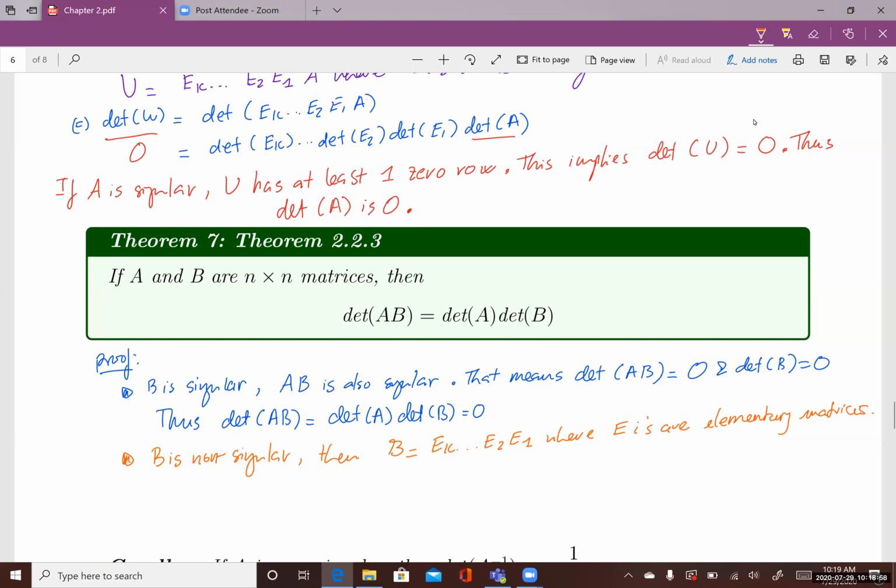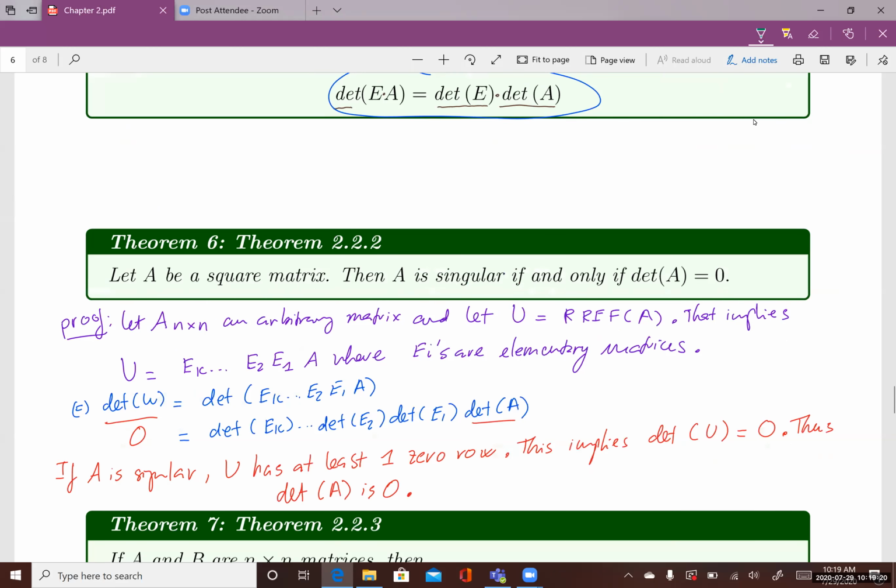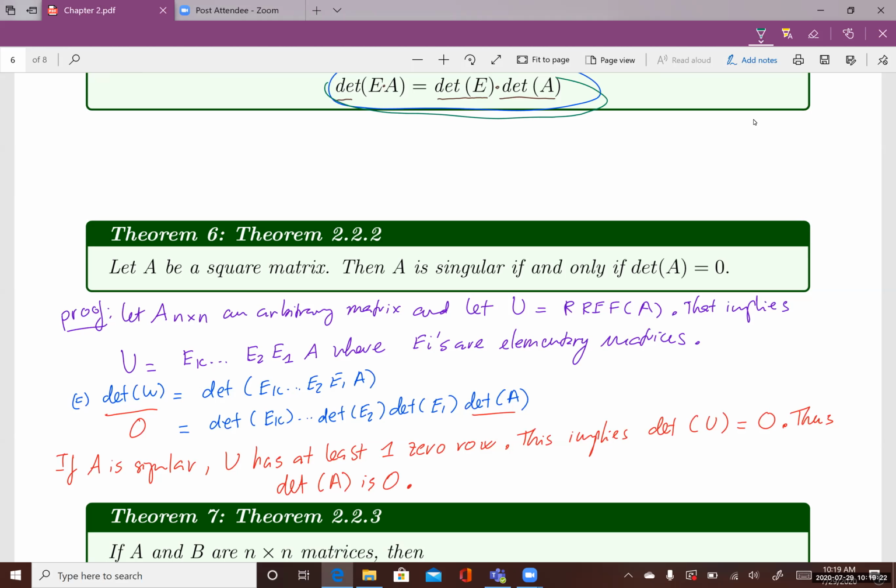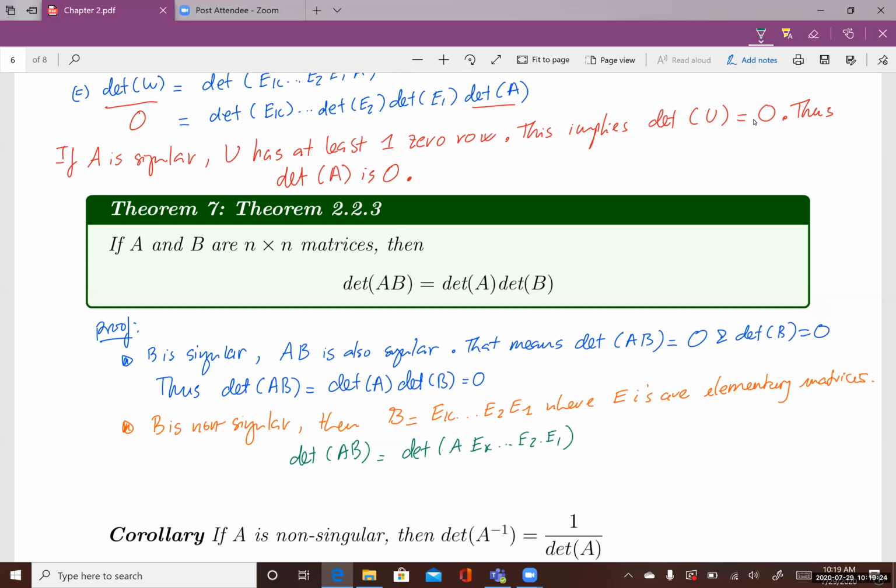Now the determinant of A times B is the same as the determinant of A times these elementary matrices. Because of these properties up here, you can expand this product out into single determinants.